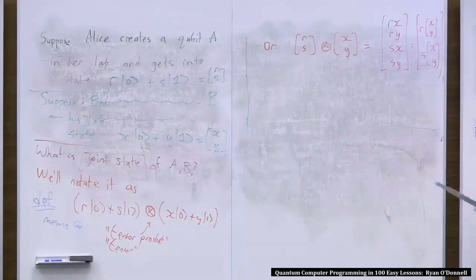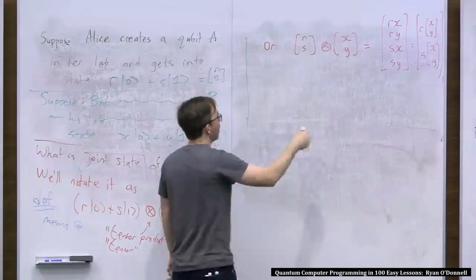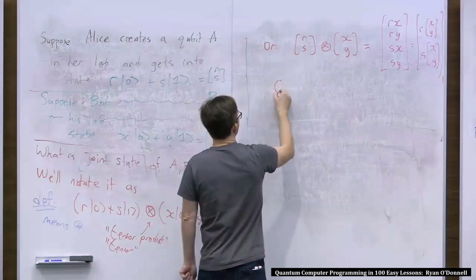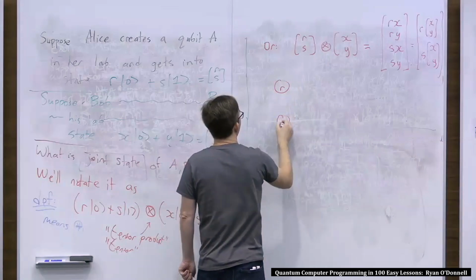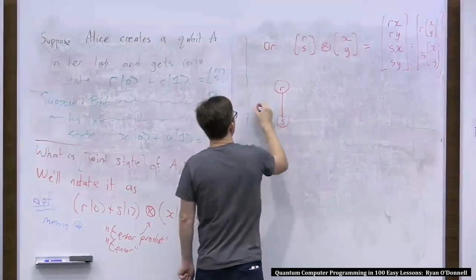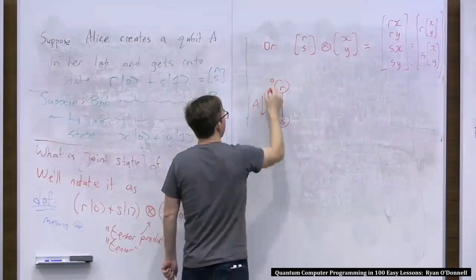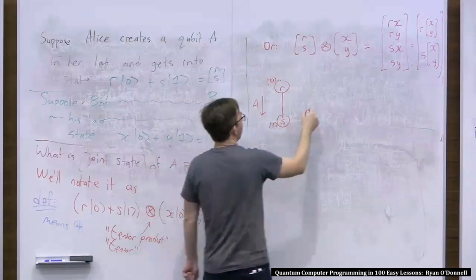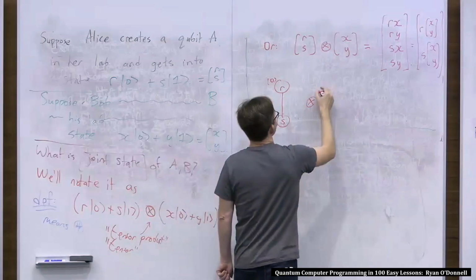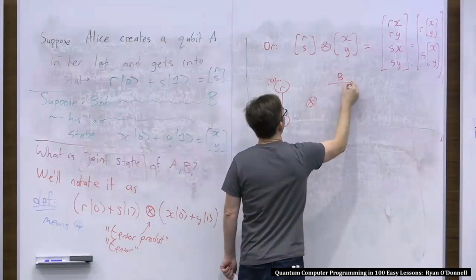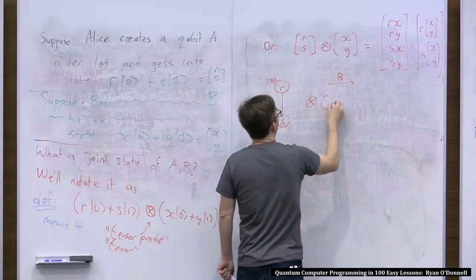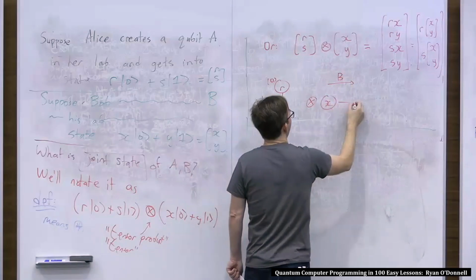Another way to say this same thing is with these cube diagrams we were drawing so much. We might call this RS, 0, 1. It's like a little one-dimensional cube diagram. We do tensor product, a horizontal one, x, y.